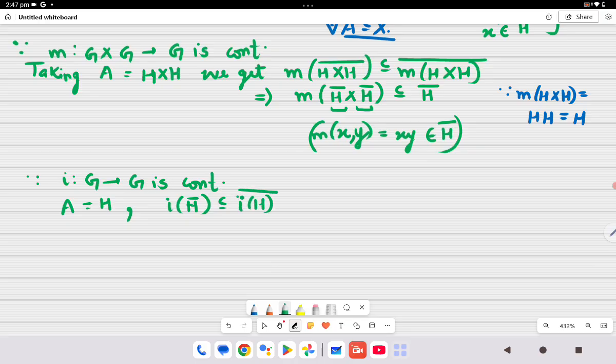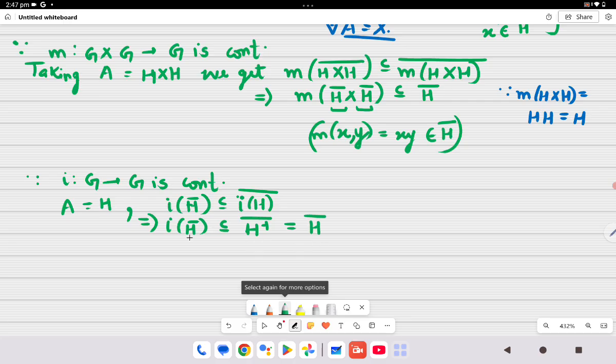What is I of H closure? It is contained in I of H. Now what is I of H? It is simply H inverse का closure. ठीक है, अब क्योंकि जो H है वो एक सब ग्रुप है ग्रुप G का, और मैंने आपको बताया था कि सब ग्रुप्स हमेशा सिमेट्रिक सेट्स होते हैं, राइट? सो उसके लिए जो H इनवर्स होगा वो H ही हो जाएगा.